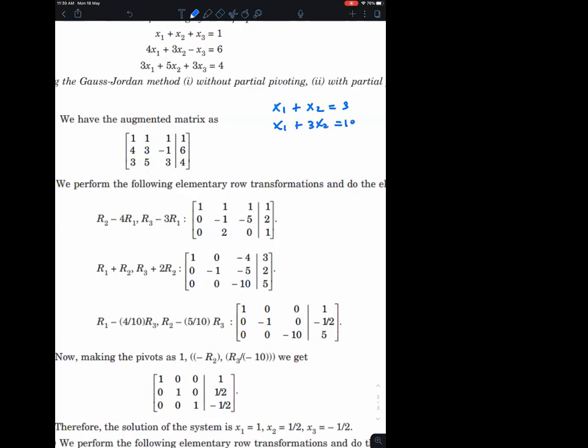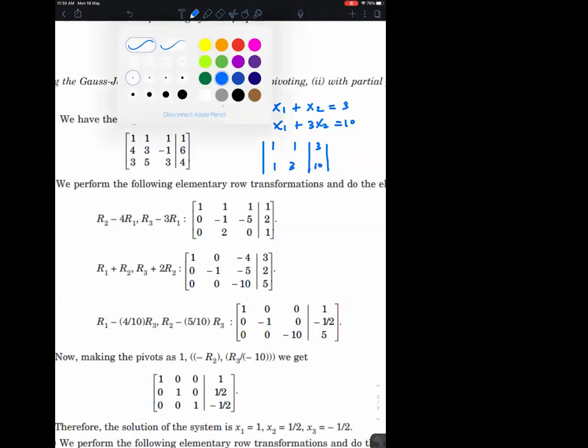If you get something like this, then your augmented matrix will be like this: 1, 1, 3. 1, 3, 10. So your life is much easier now, right?